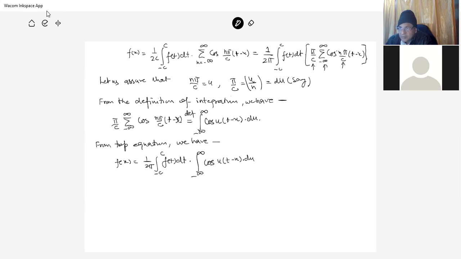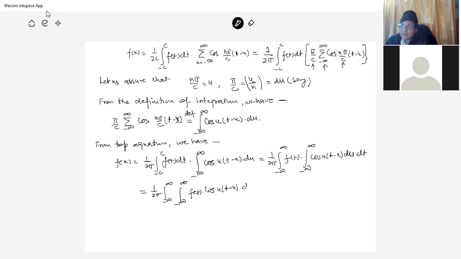Or we can say 1 upon 2 pi, minus infinity to plus infinity f of t, minus infinity to plus infinity cos u(t minus x) du dt. This is f of x.